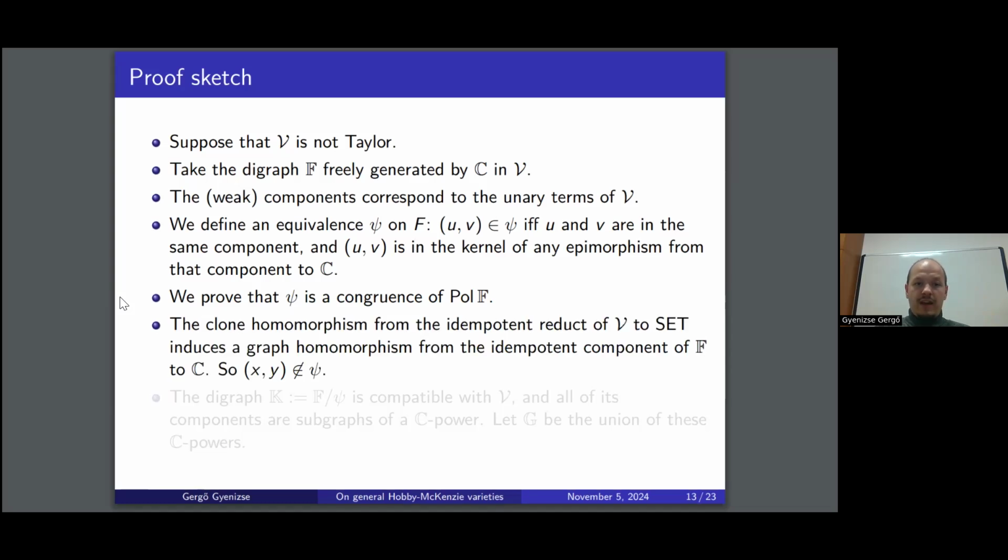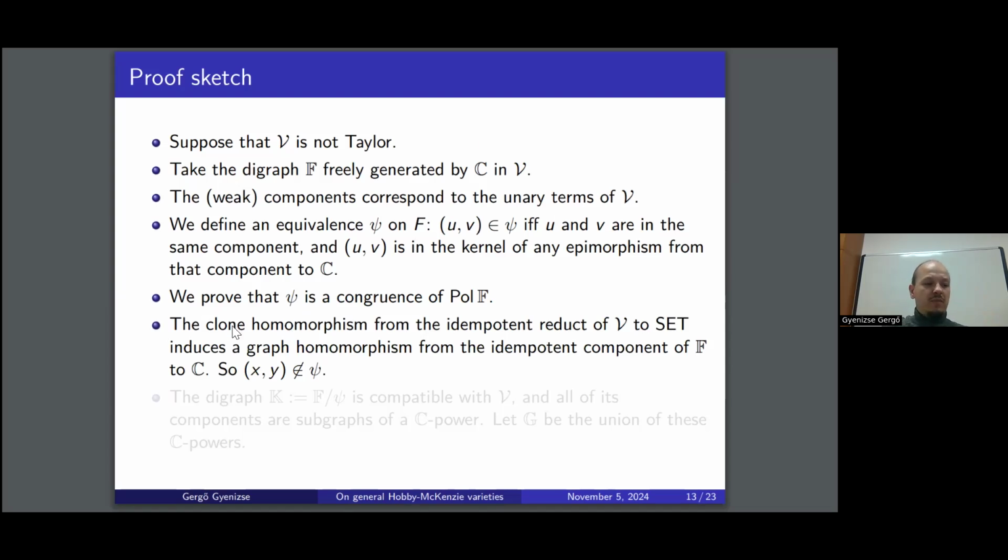And we are using the fact that we are in a non-Taylor variety, so that means that we have a clone homomorphism from the idempotent reduct of V to set. And we can understand this clone homomorphism in graph theoretic language. So what does this clone homomorphism mean?